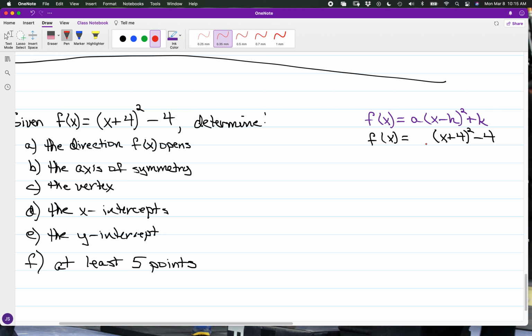And again, the absence of a coefficient in front of the parentheses will signal that the leading coefficient a is equal to 1. So that is going to be positive, so the graph opens up.